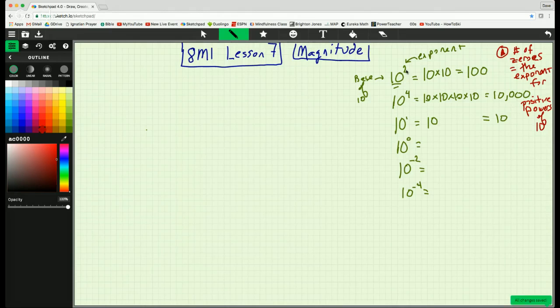Here we have 10 to the 2, so we have our 2 zeros. 10 to the fourth, so we have 4 zeros. And 10 to the first, we have 1 zero. And that's just the way it works out.